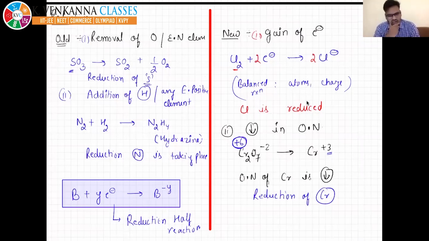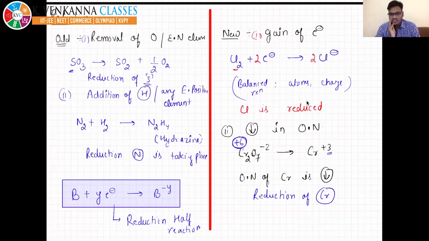Now there is one hint, right? If there is any compound which has more than one atom, or atoms from different elements, then the change in oxidation number will occur for that element which can show variable oxidation state, right?